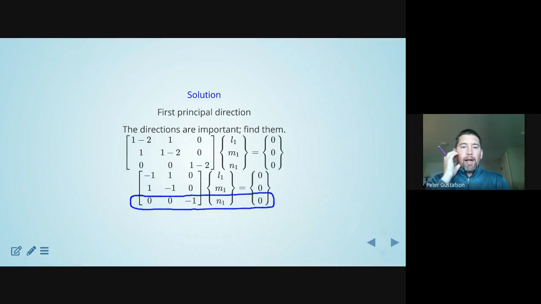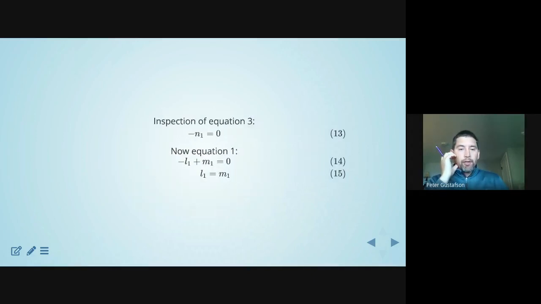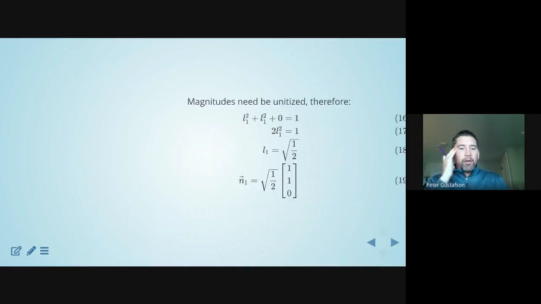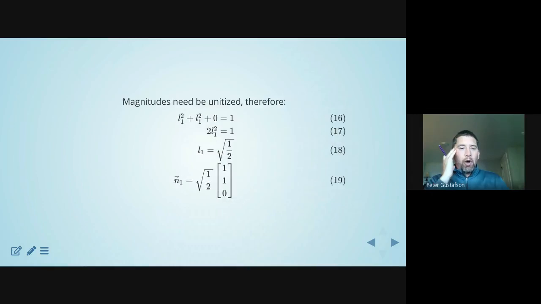So we could multiply the first equation by minus 1 and identically turn it into the second equation. And so it's redundant. It hasn't helped us. So we actually need to come up with a third unique equation. There's no trick to it with these eigenvalue problems where we're calculating unit vectors. The last equation for our purposes is always going to be this one: that the magnitude of the unit vector is 1.